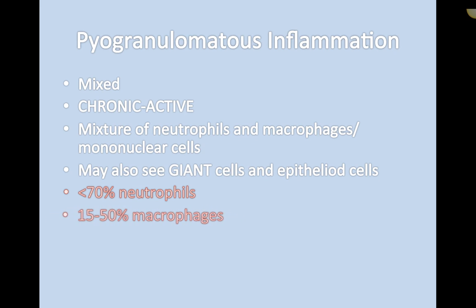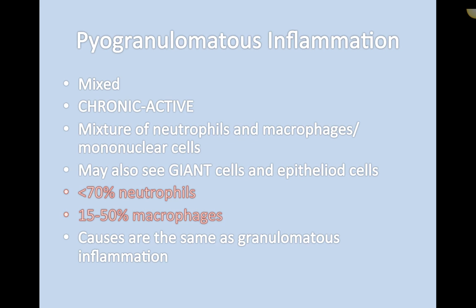Your qualification for this to be a pyogranulomatous inflammation is when it's less than 70% neutrophils and 15 to 50% macrophages. Causes are the same as granulomatous inflammation, or technically it could be the same as purulent, when the purulence is transferring over into more of a chronic inflammation.